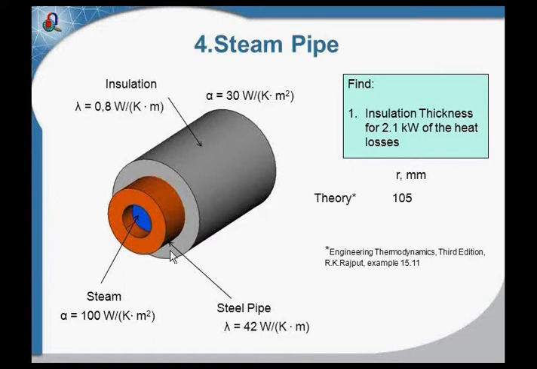Also, this steel pipe is insulated by asbestos, and our task is to calculate the outer radius of the insulation, or thickness of the insulation layer, which provides the heat losses of 2100 watts. On the inner and the outer surface, the convection boundary conditions are set with the temperatures in kelvins. And also the thermal conductivities of the steel and the insulation are known.